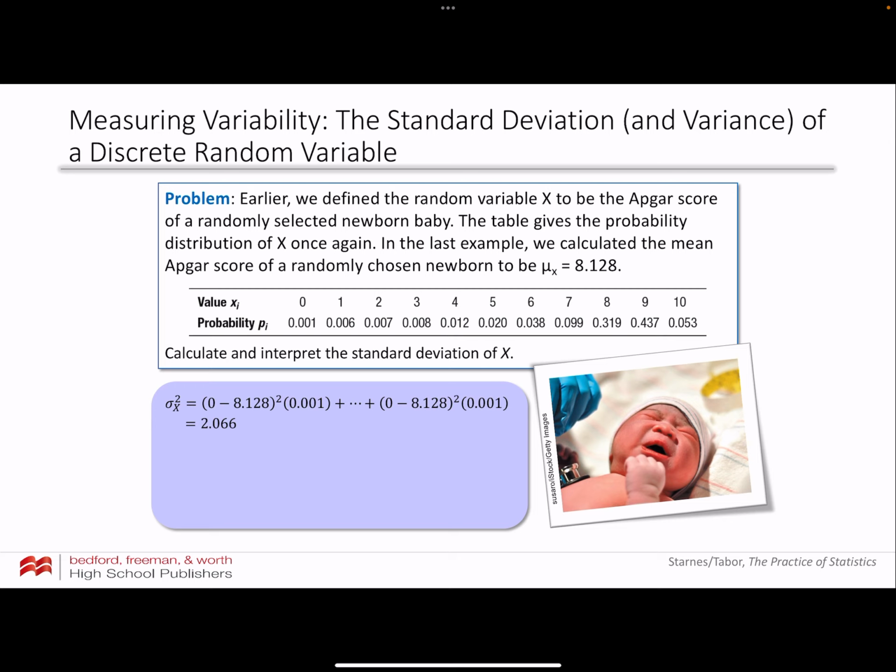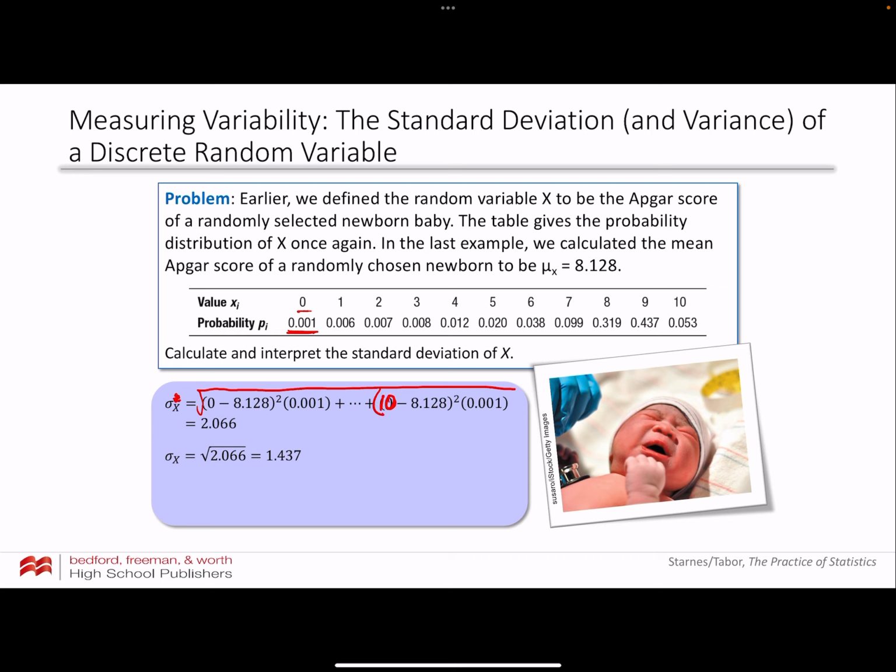But what do you have to show? If I were you, I wouldn't even do this. I would just say sigma sub x is equal to the square root of the first value, 0, minus the mean, 8.128 squared, times the probability of 0, plus dot, dot, dot. And then the last value, oh, I'm sorry, this should be a, oh, look. My apologies, guys. This should be a 10.